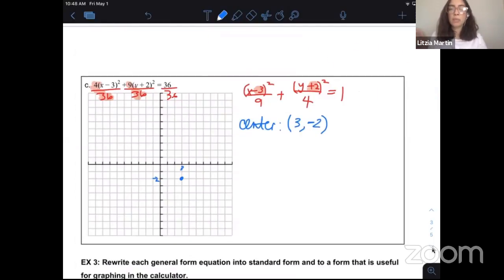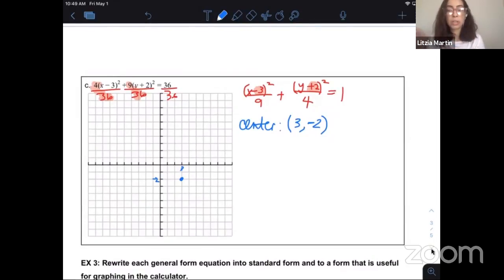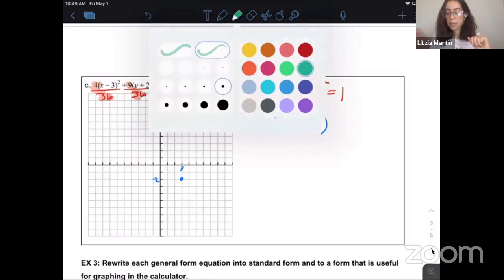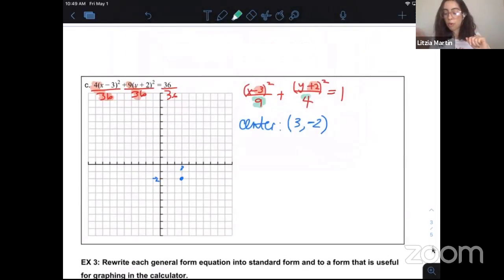And so the next thing we need to figure out is our vertices or covertices. We can see that this is going to be a horizontal ellipse. How do we know it's a horizontal ellipse? Well, we want to look at the numbers that are in the denominator. So in this case, we see that we have a 9 and we have a 4. Well, which one is the greater number?